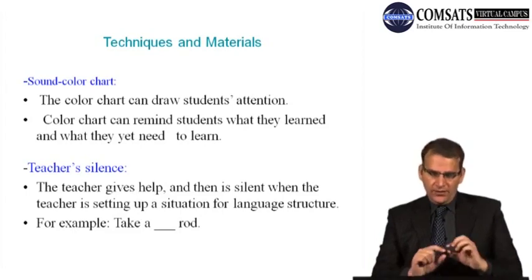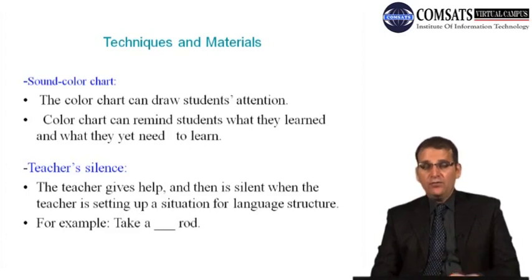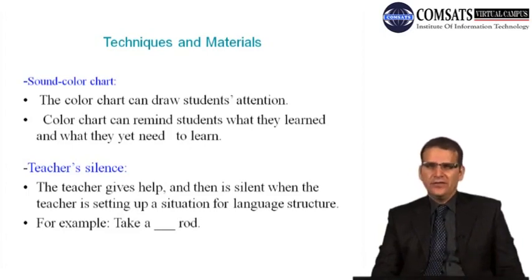At the bottom, after the line, the blocks are for consonant sounds. Once the students come to know the vowel sounds, the teacher comes down to the consonant sounds. It can also be vice versa: you can start with the consonant sounds and then come to the vowel sounds, and that can work also.